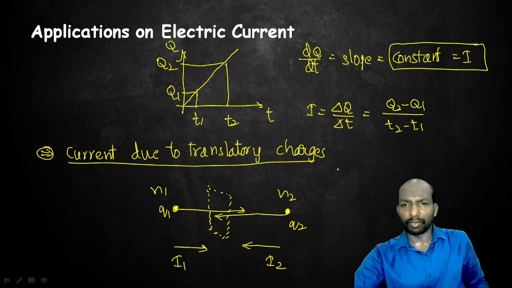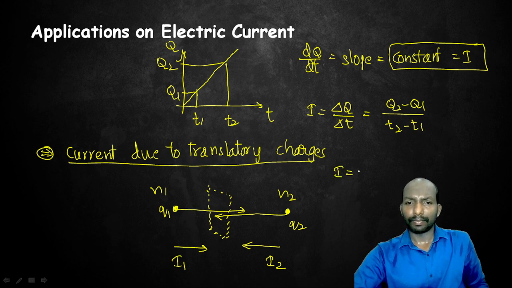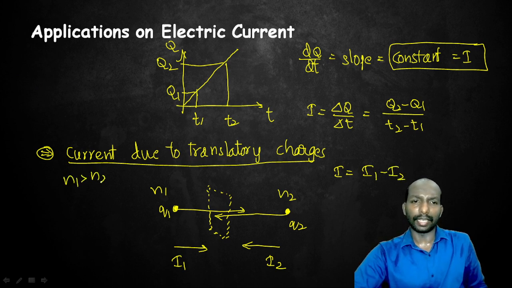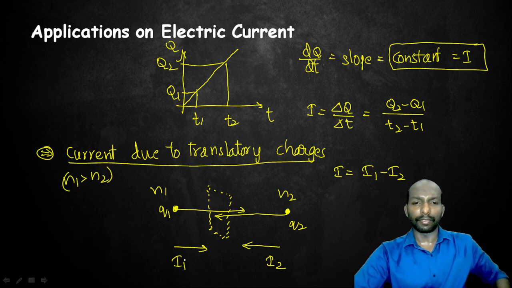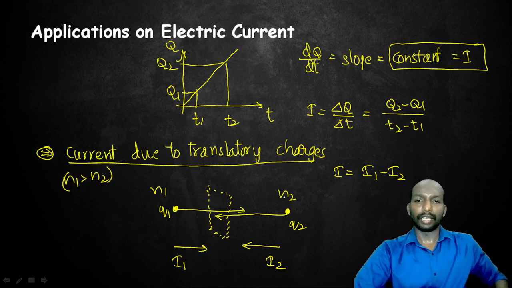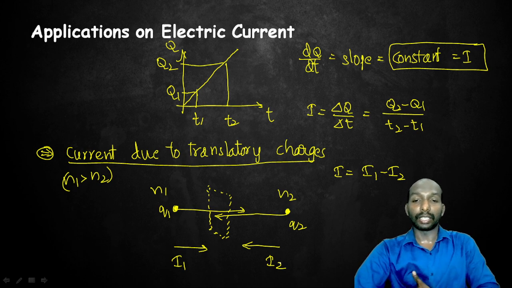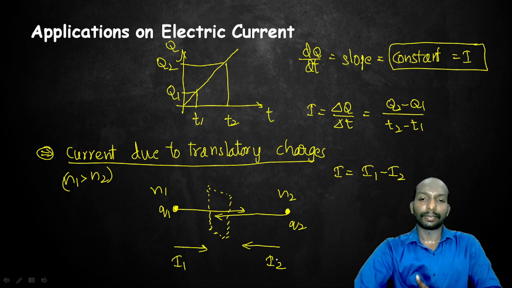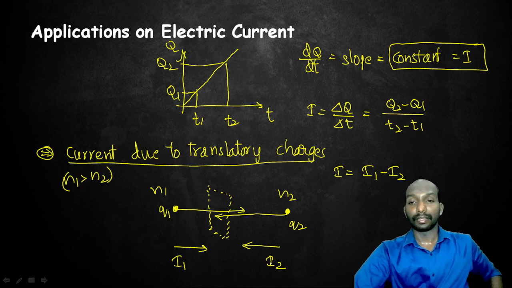So the net current will be I1 minus I2, suppose n1 is greater than n2. Here I1 is greater, so I take I1 minus I2. If n2 is more, then we will consider I2 minus I1. No need to worry about the sign of the electric current.